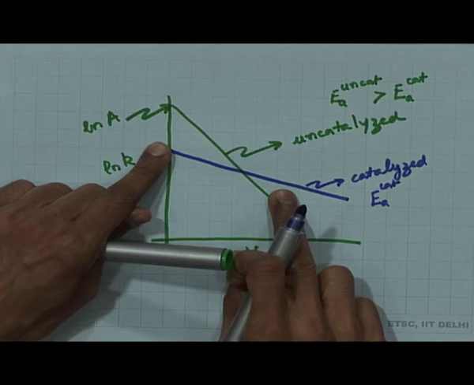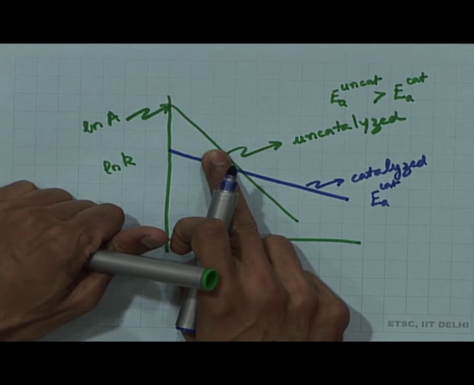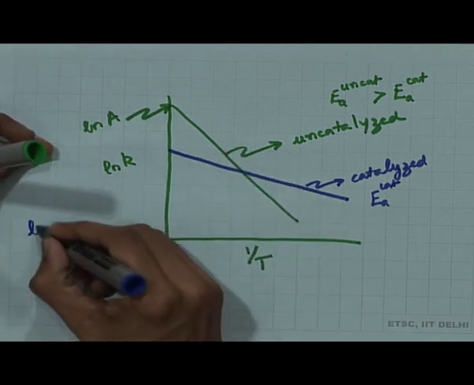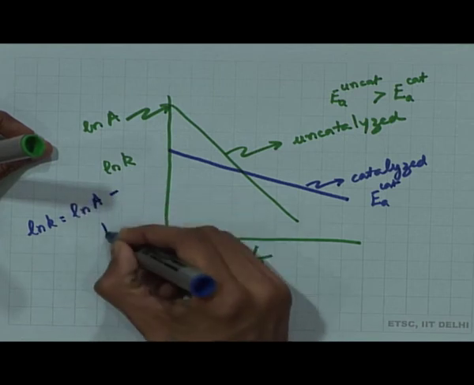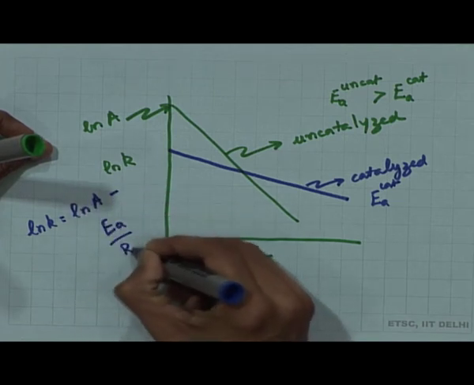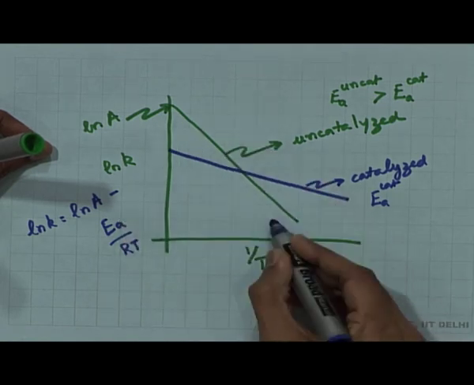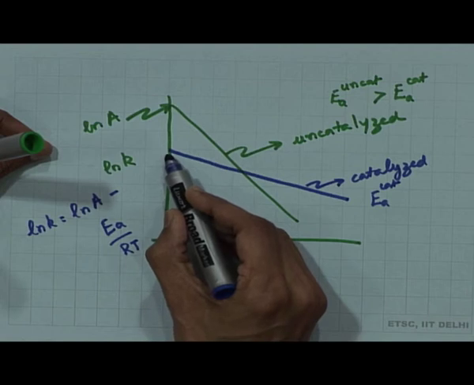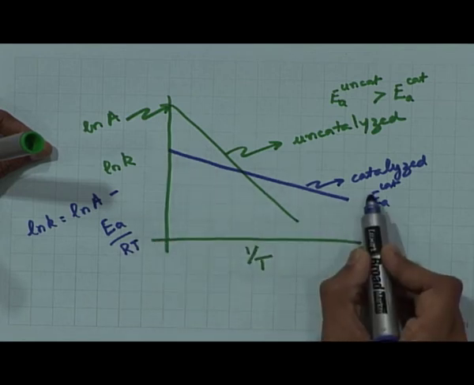The slope is lower for the catalyzed reaction, the slope is higher for the uncatalyzed reaction, right. ln k is equal to ln A minus EA over RT. So, the number of collisions is fewer in the catalyzed reaction, but EA is also smaller.